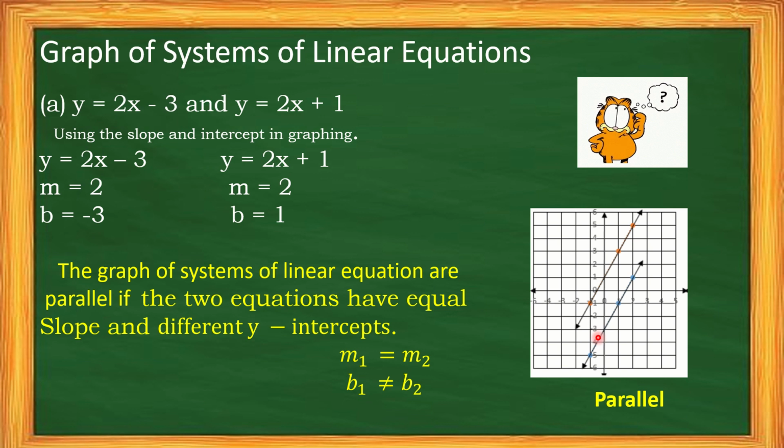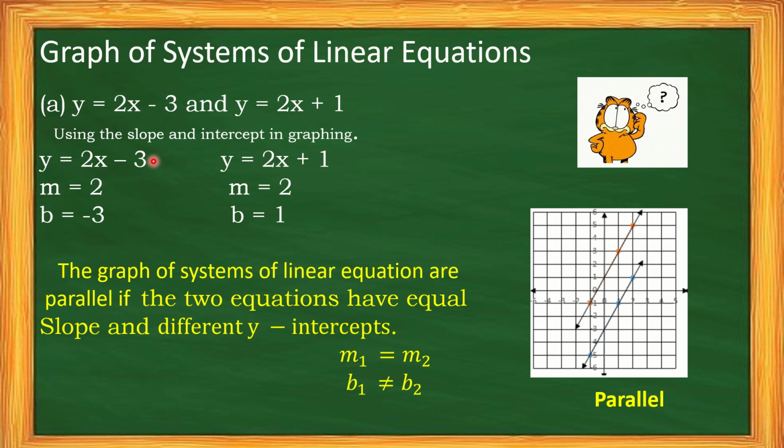Let us now describe the slope and y-intercept in each type of graph of systems of linear equations. In our first example, we have the equations y equals 2x minus 3 and y equals 2x plus 1. This is the graph of that system of linear equations. They form parallel lines. Let us now describe the slope and its y-intercept.